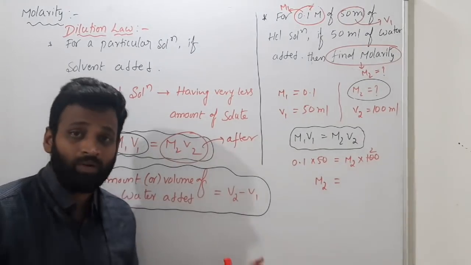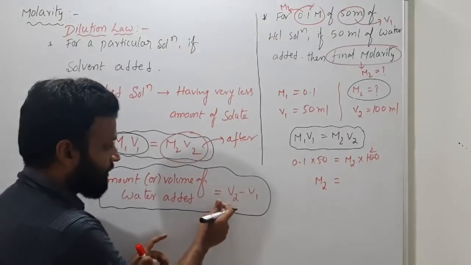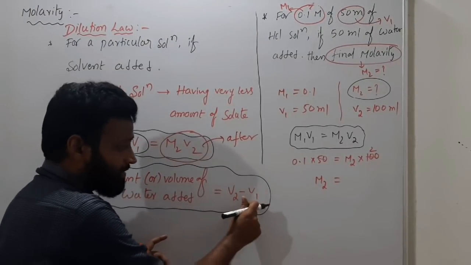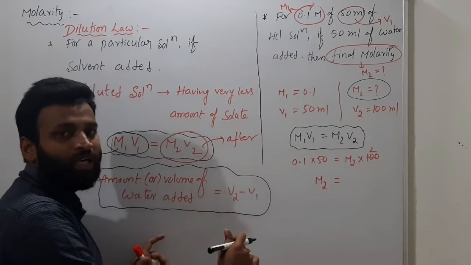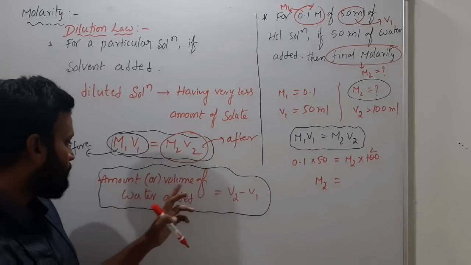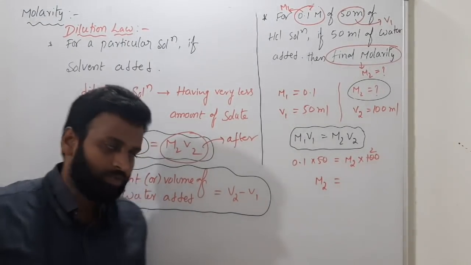V2 minus V1. Final volume minus initial volume of solution. What is V2? Volume of the solution after dilution. What is V1? Volume of the solution before dilution. V2 minus V1 is the amount or volume of water added. So this is very clear.